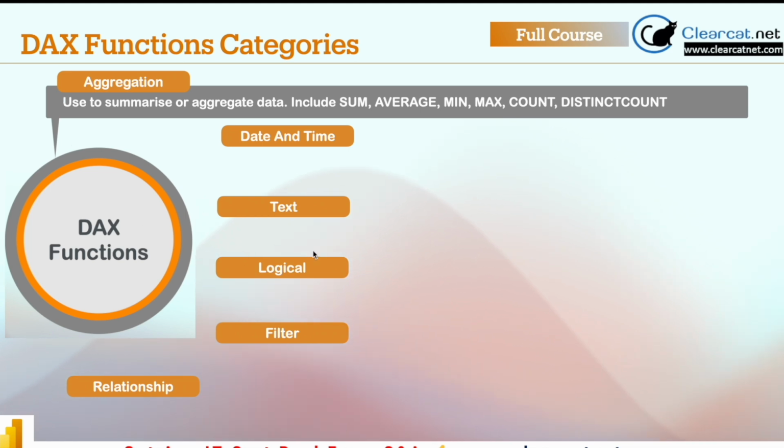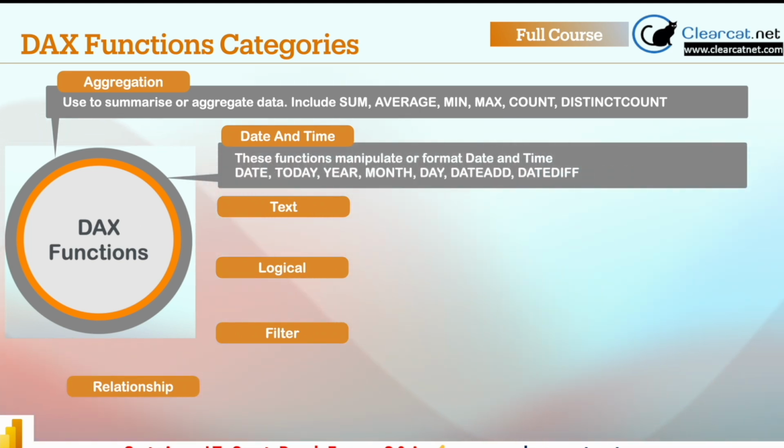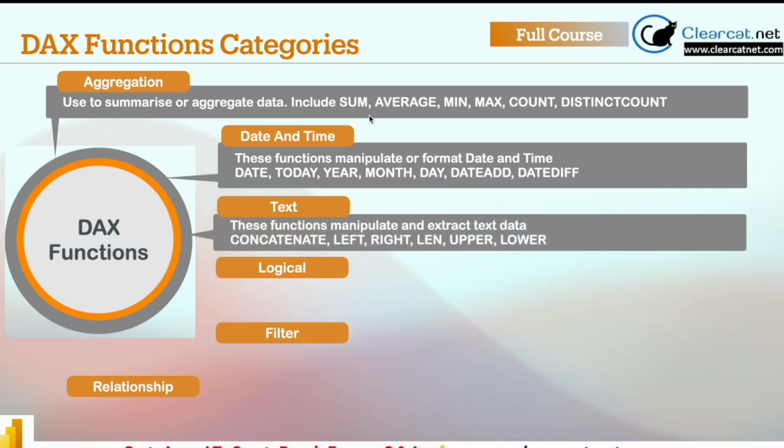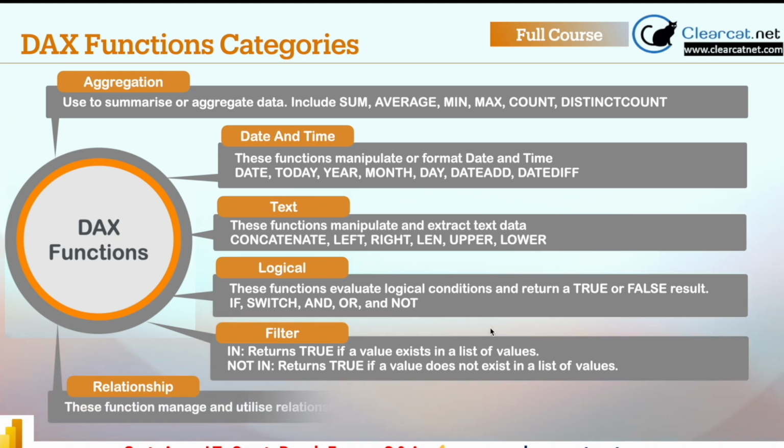These are the 6 we are going to use while creating DAX formulas, because in Microsoft Power BI there are so many functions already created by Microsoft, and we just have to use them while doing calculations, performing aggregation and so on. So these are the 6 function categories.